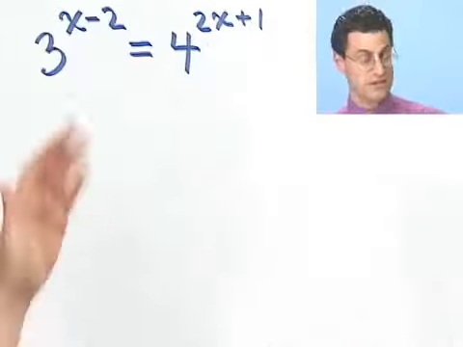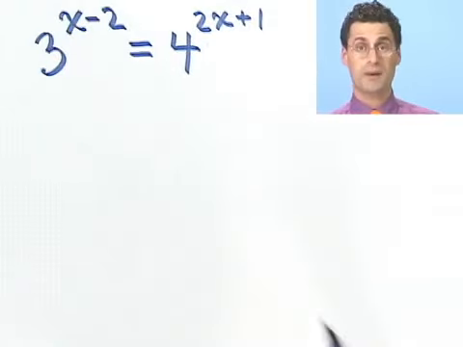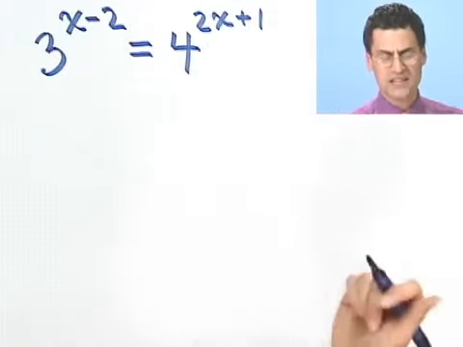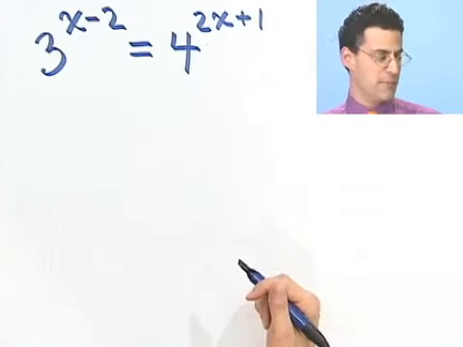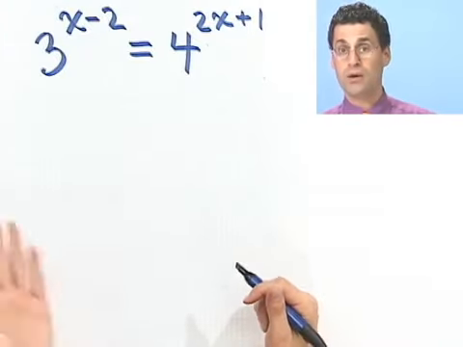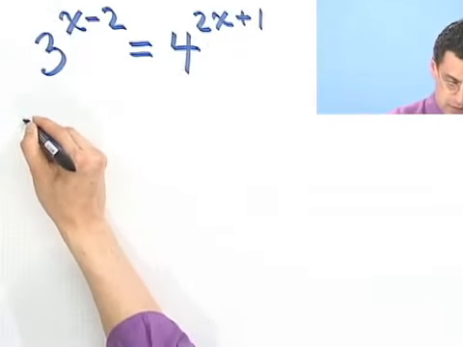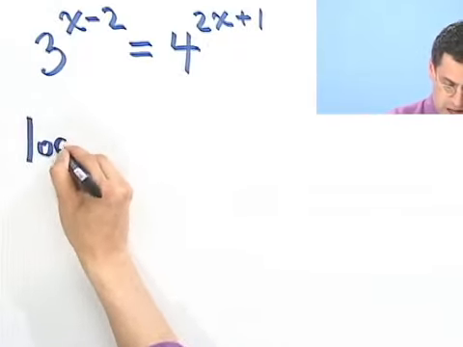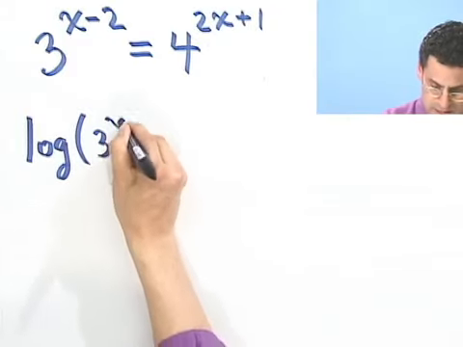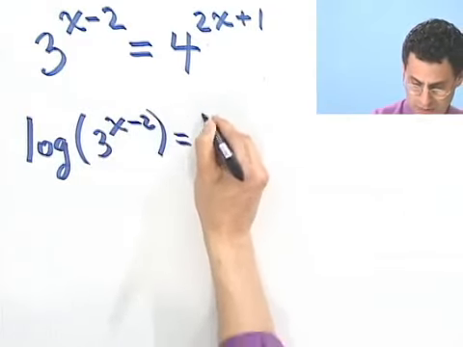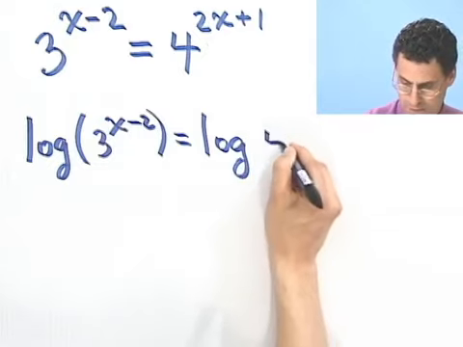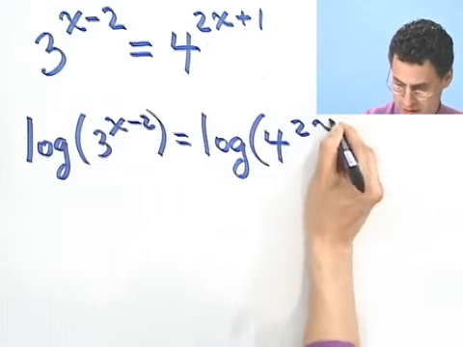You can take log base 7, log base 3, log base 4, log base e, or just log base 10. I'll just take log base 10 because maybe at the end of the day I might want to use my calculator to actually figure out what the values are. So let's log both sides. So if you log both sides, we have log of 3 to the x minus 2, and that will equal log of 4 to the 2x plus 1.